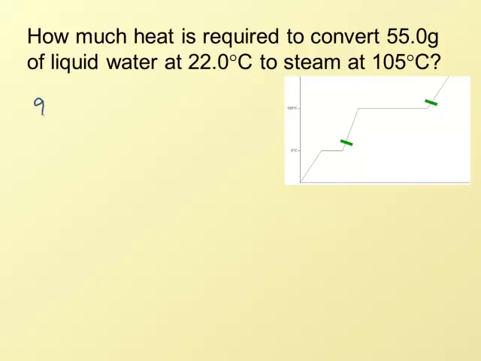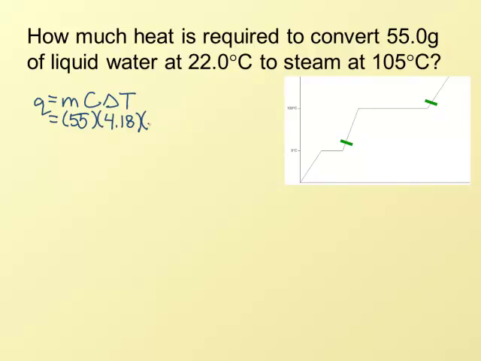For raising the temperature of the water, we'll use Q equals MC delta T. The mass of the water is given as 55 grams. We need the specific heat of liquid water, 4.18. And for this change in temperature, we are going from 22 degrees Celsius to 100 degrees Celsius.